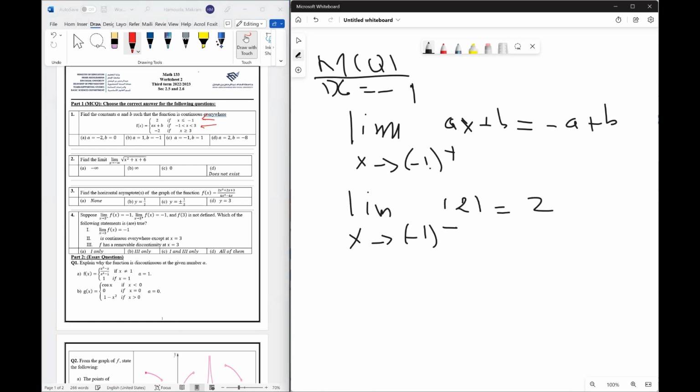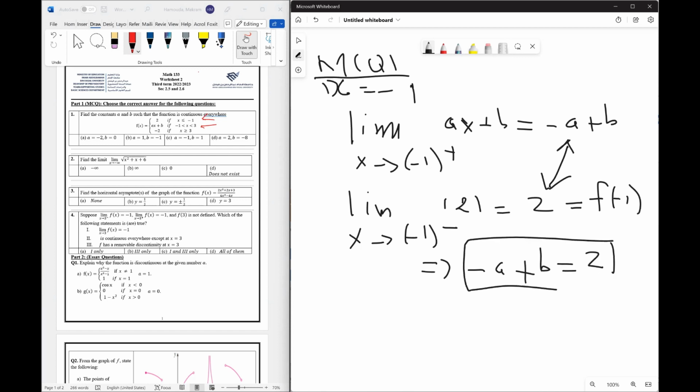Since we want to have continuity everywhere, these two must be equal, and equal to, of course, f of -1, which is 2. So I will have the condition that -a plus b must be equal to 2. I will call this condition number 1.